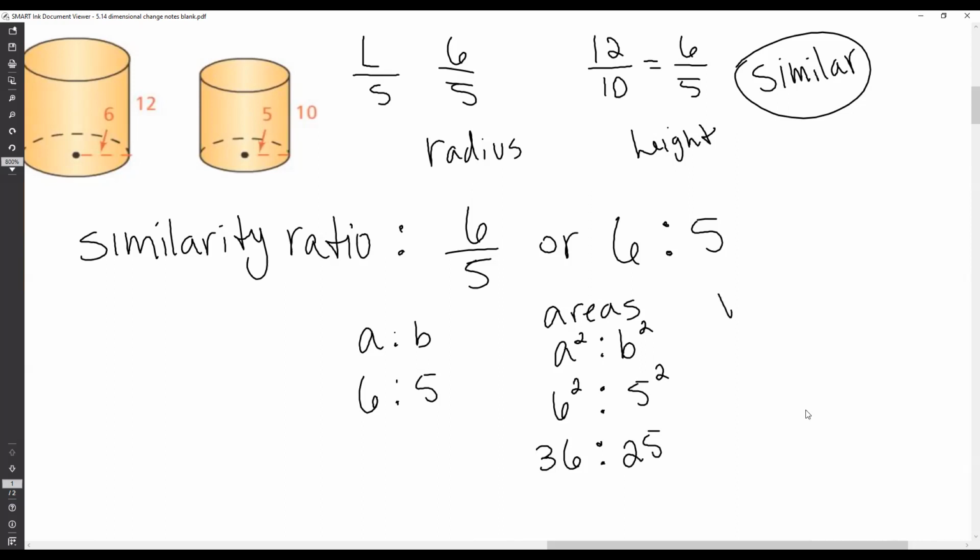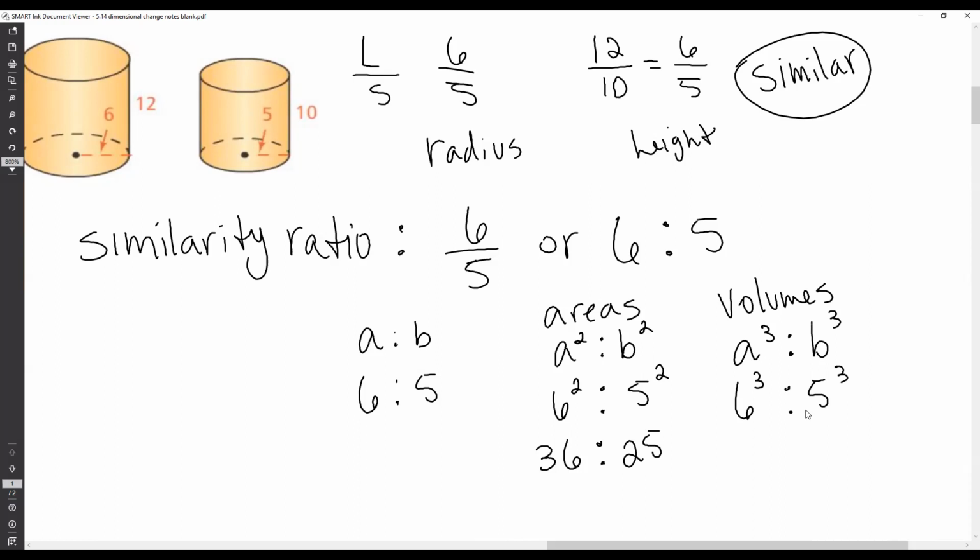And then the volume, the ratios of the volumes are A cubed to B cubed. So 6 cubed to 5 cubed. And so 6 cubed, you're going to do 6 times 6 times 6.